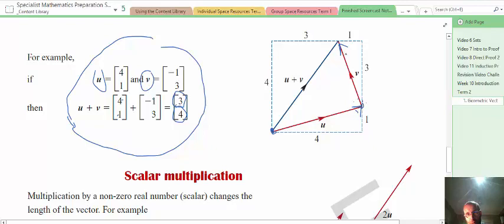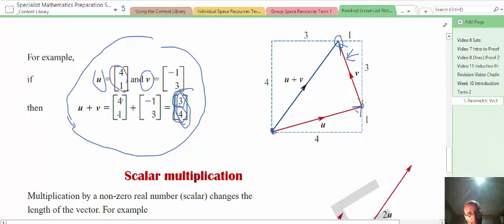It goes across negative 1 because it's going back in the negative direction, and then it goes up a further 3, and the final vector is 3 across and 4 up from where it began. And you can see that that matches our answer over here. So the result was 3 across and 4 up from where we began.